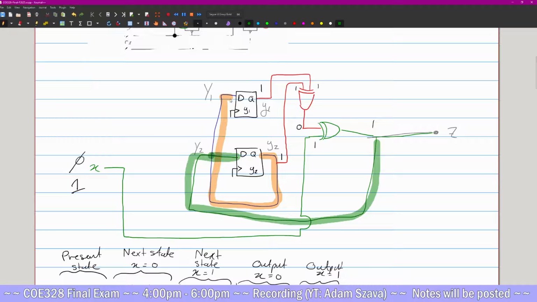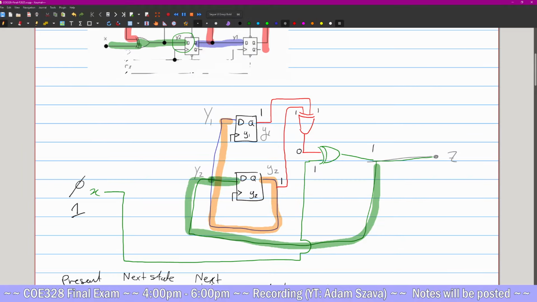For a D flip-flop, that is just what's on the left side of this flip-flop. So to be clear, y1 is what y1 will be next clock. For a D flip-flop, that is just what is on that side.